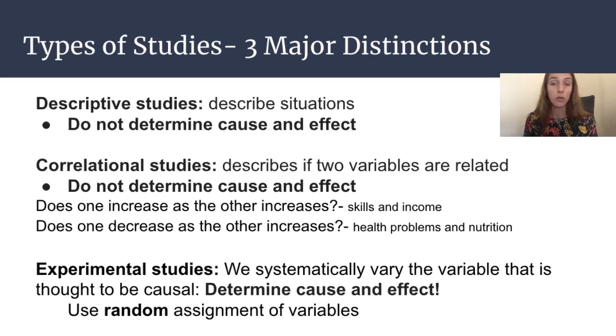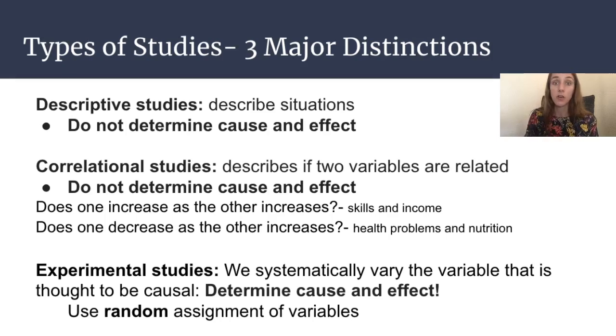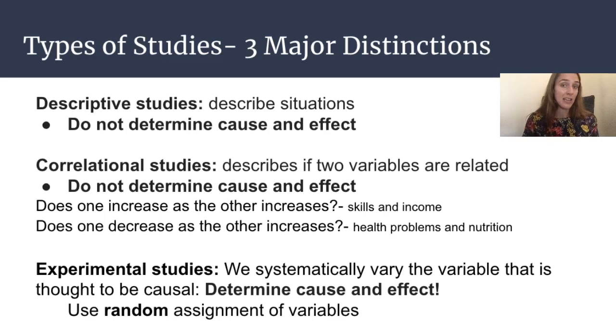So we've been using this word descriptive. We've talked about descriptive statistics. There are descriptive studies, which simply describe situations, all right? They don't make any inferences or conclusions. They just describe what is seen, right? Think a behavioral psychologist watching kids play on a playground, right? And just describing it, right?